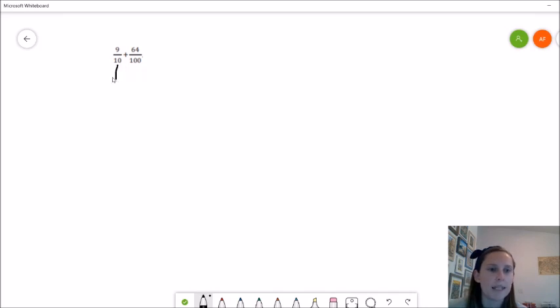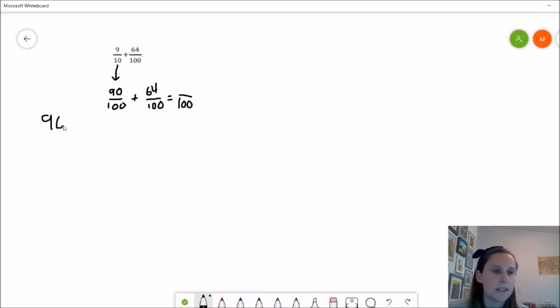So our 9 tenths, we would need to rewrite that in hundredths, and 9 tenths is equivalent to 90 hundredths plus 64 hundredths. How many hundredths would that give us? Well, we need to do 90 plus 64 for our numerator to see how many hundredths that is.